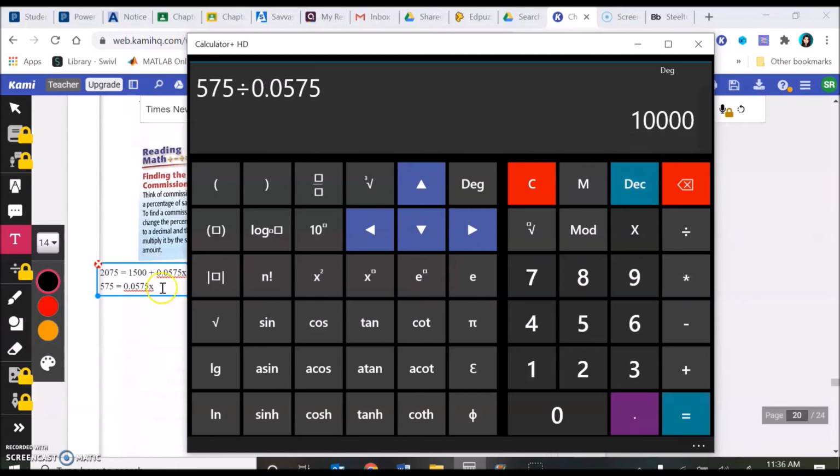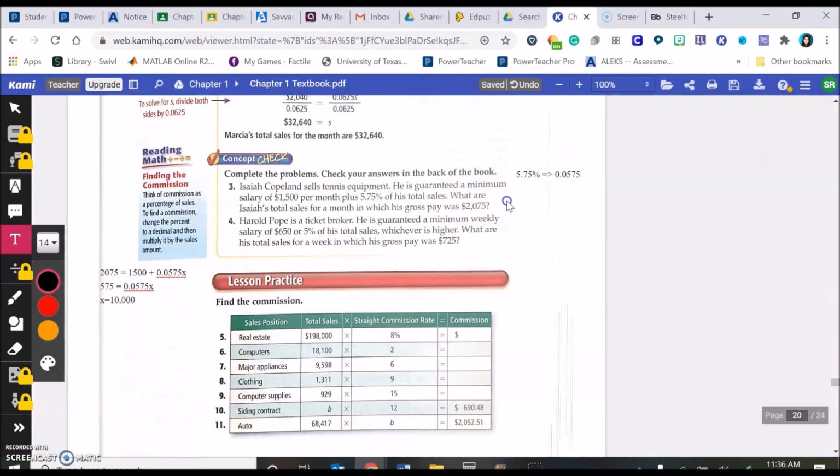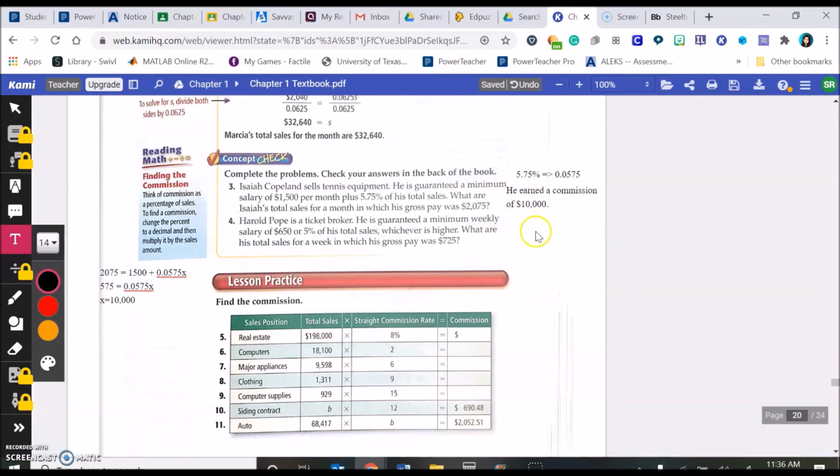That gives me 10,000. So X equals 10,000. So his total sales earned a commission of 10,000.